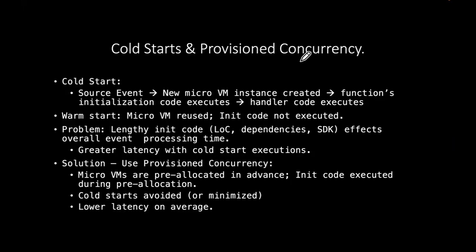What the provision concurrency is essentially doing is telling the Lambda service to spin up a few micro VMs, even though there are no events that need processing, in anticipation of events occurring. As well as spinning up the micro VM, it will also execute the initialization code part of the Lambda, but it doesn't execute the actual Lambda function itself.